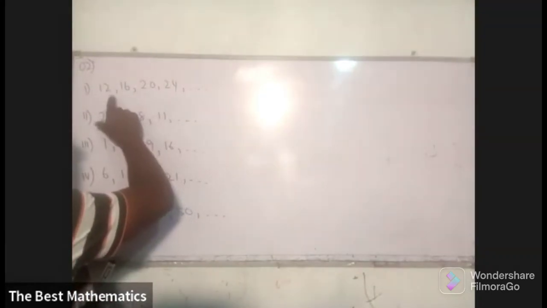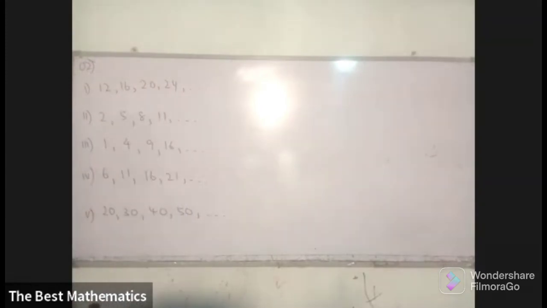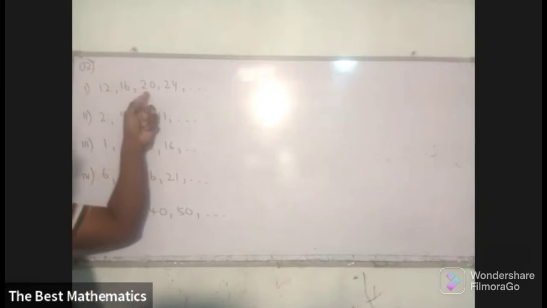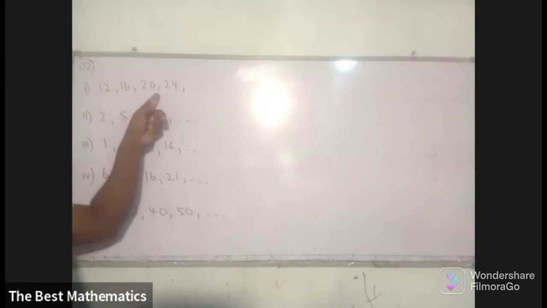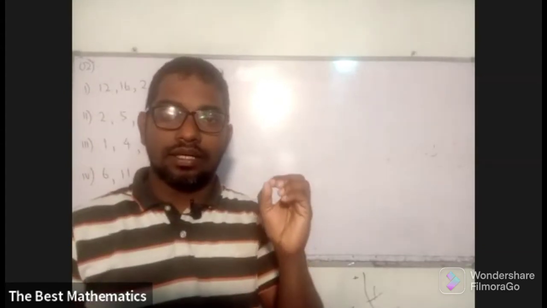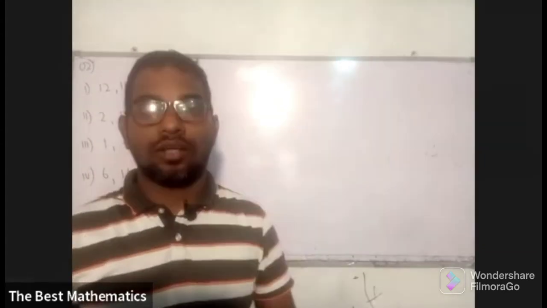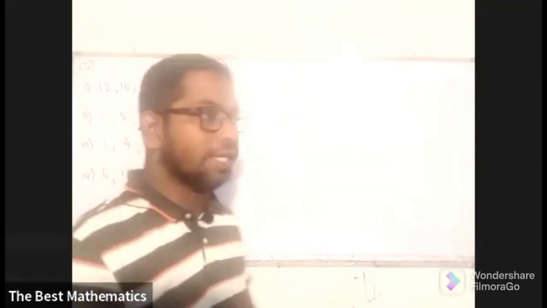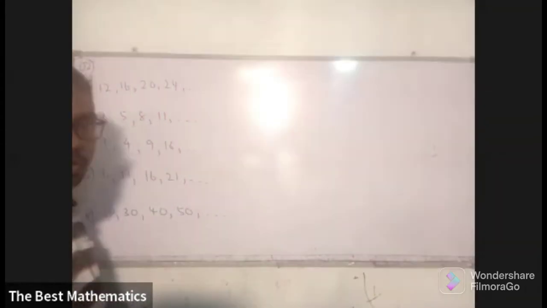check whether the number pattern has a common difference. Yes, 12 plus 4 is 16, 16 plus 4 is 20, 20 plus 4 is 24. So that number pattern has a common difference. Then let's see how to build up the general term using that common difference.